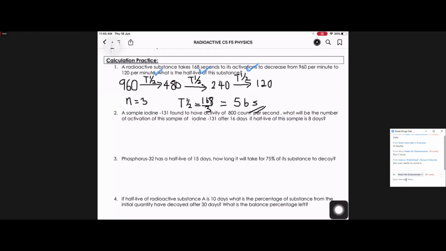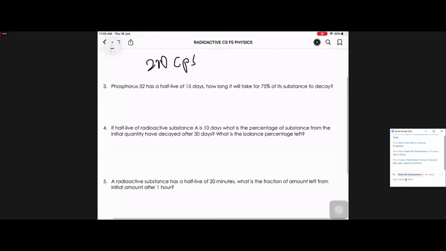This one is done already, yes? 200 counts per second. Okay, now number 3. Everyone try. Phosphorus-32. I'm going to call Marcus Chong Chi Peng, assisted by Xin Yi, to explain.